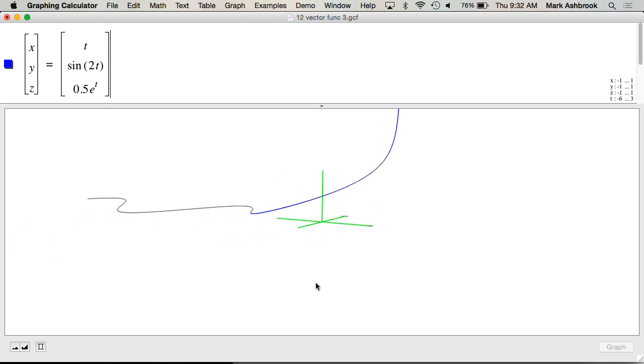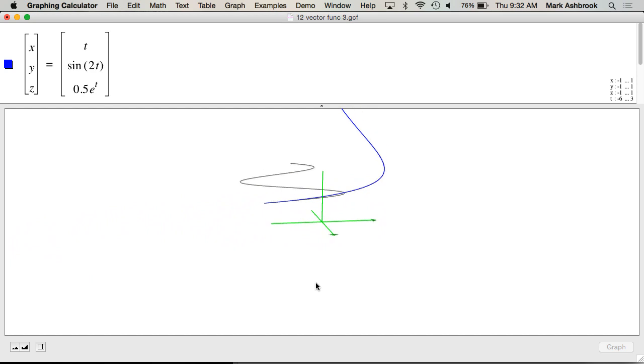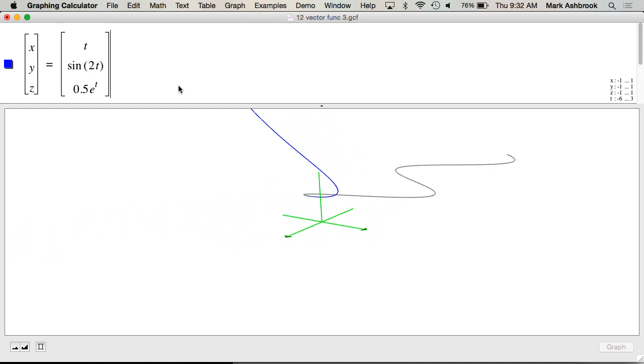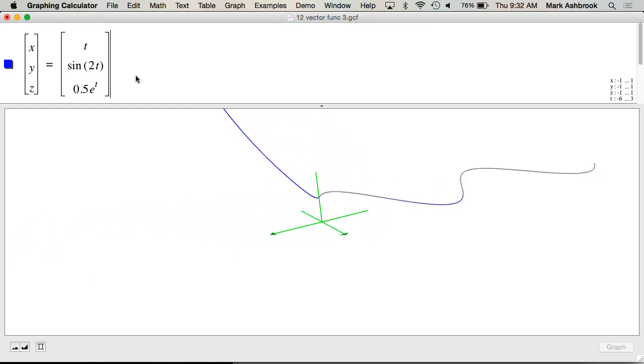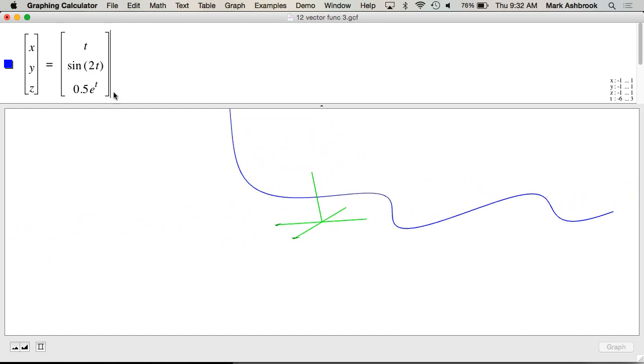I'll look down on this thing. What will I see? I'll be only looking at the xy plane. I will not see the changes in z, right? I won't see the changes in z.